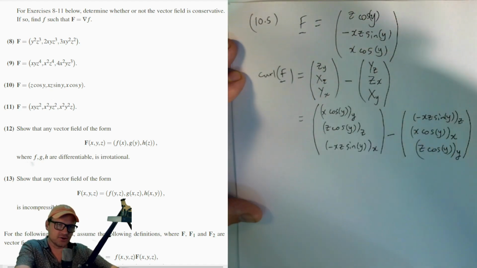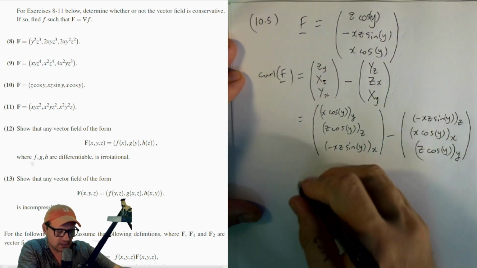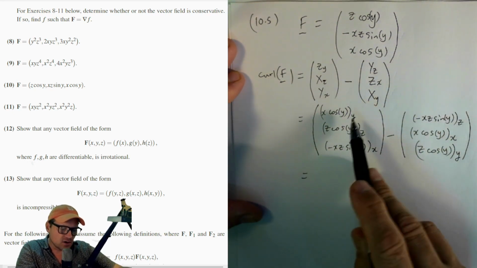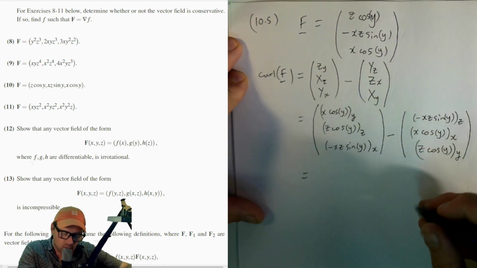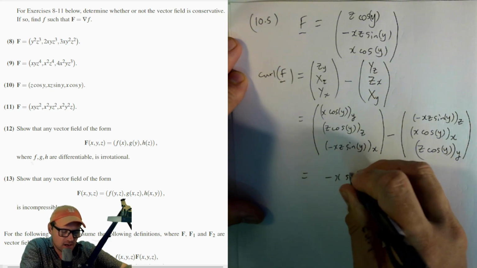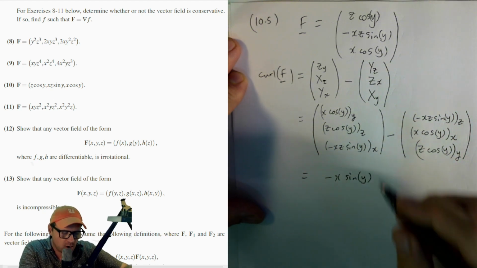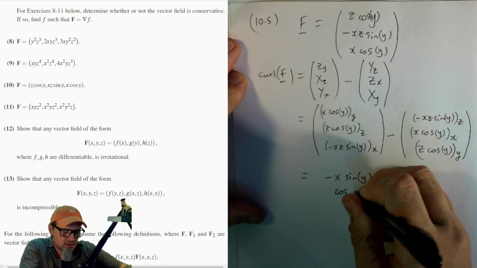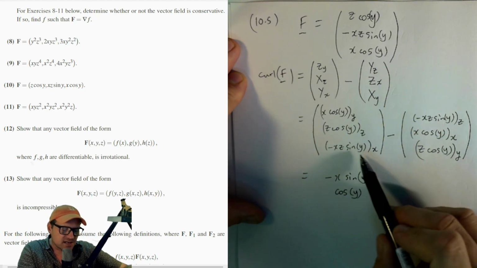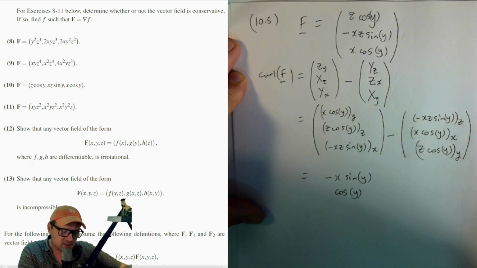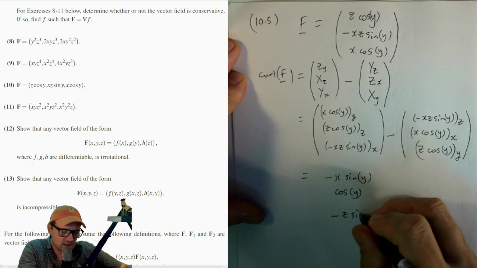Okay, so I've substituted these in here, and so now let's differentiate this. x cos y differentiates with respect to y to give minus x sine of y. z cos y differentiates to give cos of y. Minus x z sine y with respect to x partially gives minus z sine of y.